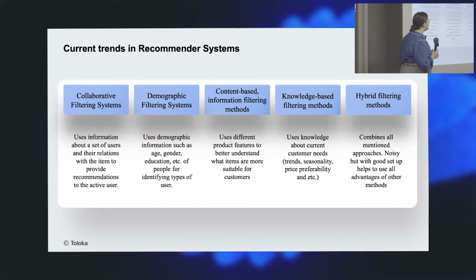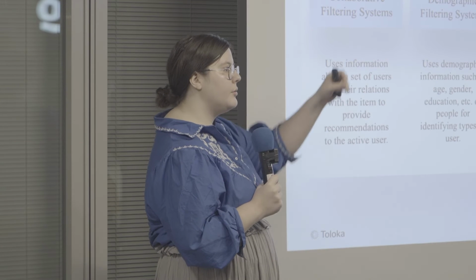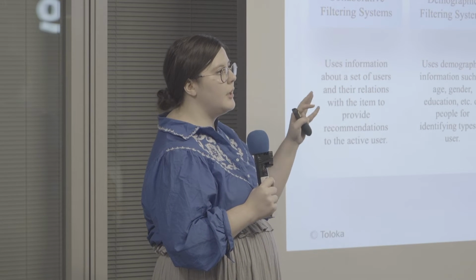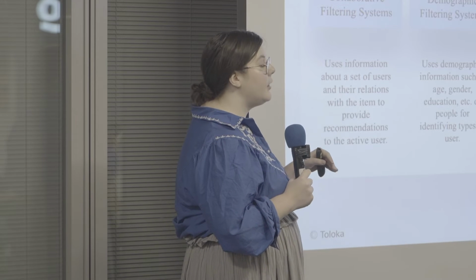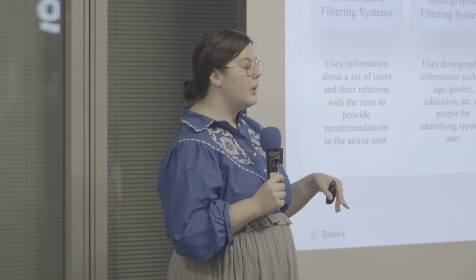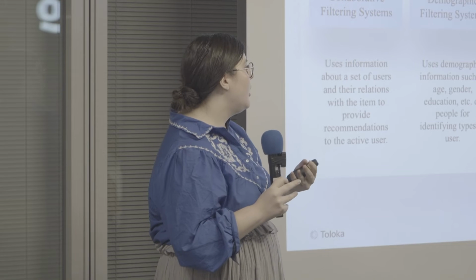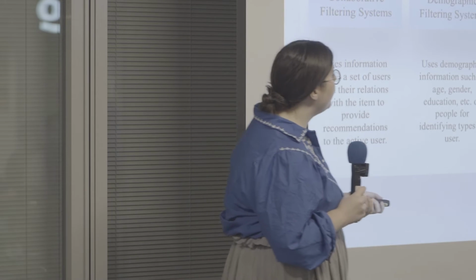It's an information filtering method where you look not at the customers who have already bought this item, but at the items themselves. So you try to produce as many product features as you can so that you can compare the items in your catalog and find which are closest to each other.